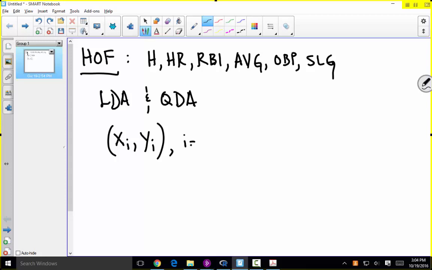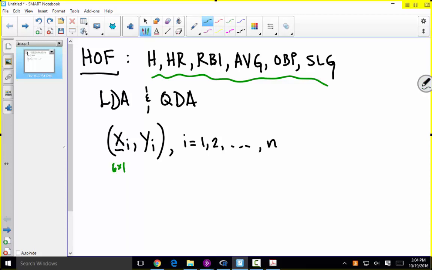So for each of the players in that data set, we have those pairs. And again, X, in this case, we're going to consider it a 6-dimensional vector, a 6 by 1 column vector. Each player has those 6 numbers that we're going to use as inputs.